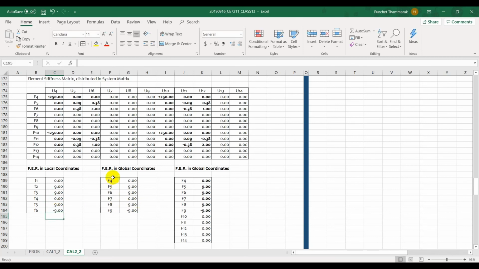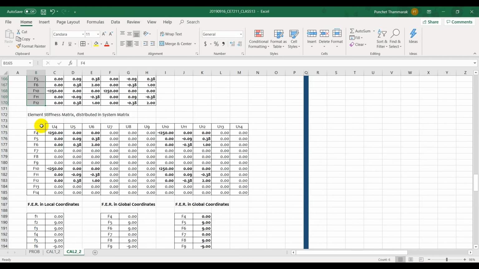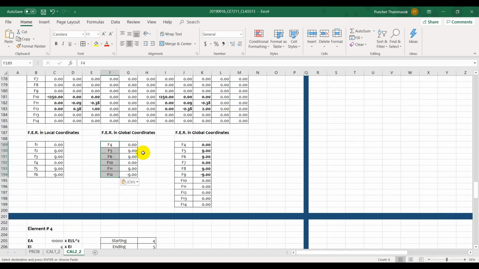Okay. 4, 5, 6, and then we have the 10, 11, 12. 4, 5, 6, 10, 11, 12.